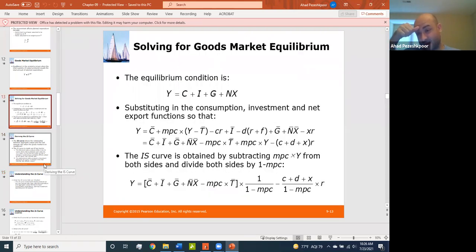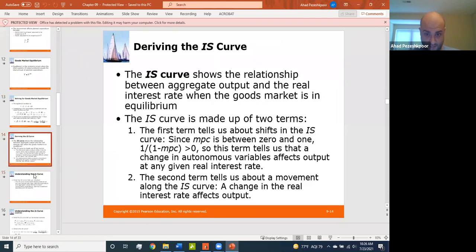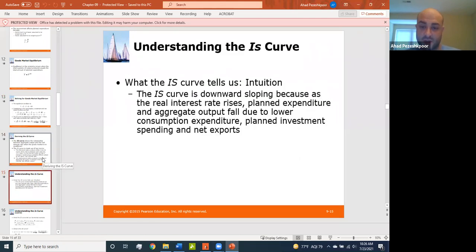They are negatively affected by the real interest rate. Now, question. Actually, not a question. This is why governments all over the world are trying to constantly lower their interest rates.